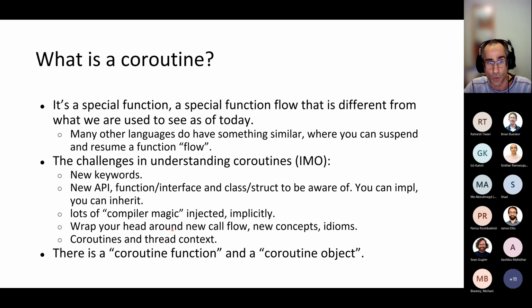That's something that was a challenging part, and I want to help you with that. There are coroutine functions, there are coroutine objects. It's kind of confusing. That might be another challenging part when you're first introduced to this framework. We'll talk about what a coroutine function is, what a coroutine object is, and what the handle is that you'll see. This whole thing would hopefully be clear by the end of this session.